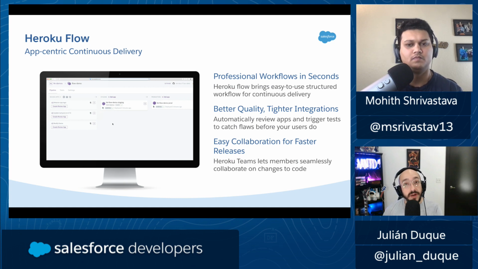So we are going to learn how to create a Heroku pipeline, and how to also enable automatic deployment to Heroku on that pipeline. So we are going to have a staging application, a production application, and also one of my favorite features, which is review apps.